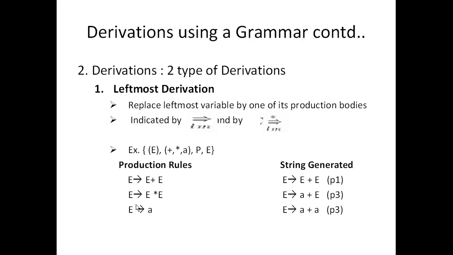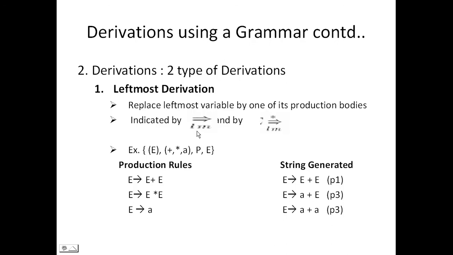Okay, so there are basically two types of derivations, leftmost derivation and rightmost derivation. So let us first discuss the leftmost derivation. In the case of leftmost derivation, as the name suggests, the leftmost variable is replaced by one of its production bodies, and it is indicated by arrow LM, which indicates the leftmost derivation, and arrow star LM indicates that after many steps you have derived a particular string.